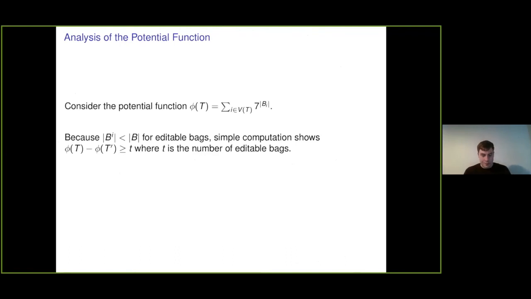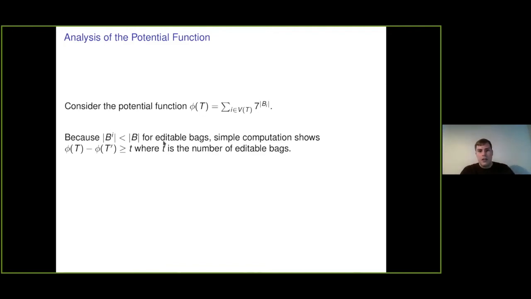Now we can reconsider this potential function and what happens to it when we do this. It's the sum of 7 to the size of the bag, and for editable bags the resulting bag Bi is always smaller than B, because they intersect multiple components.